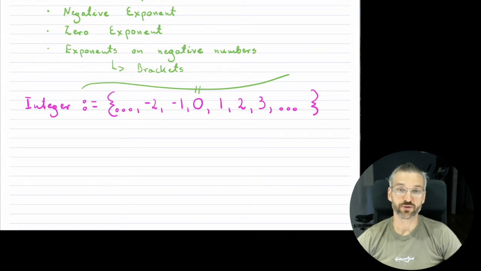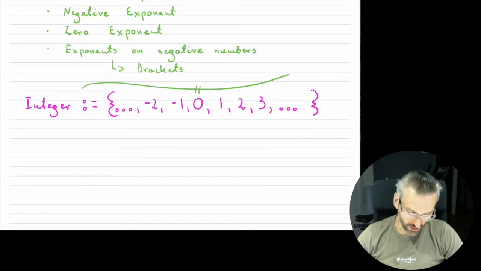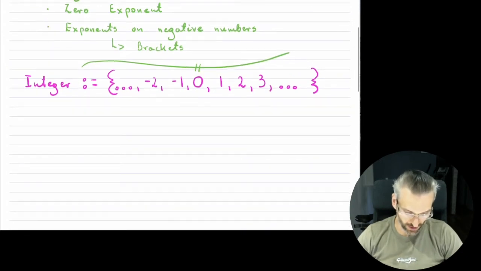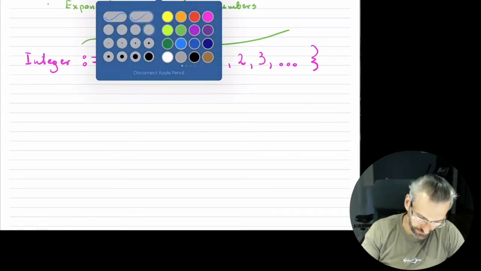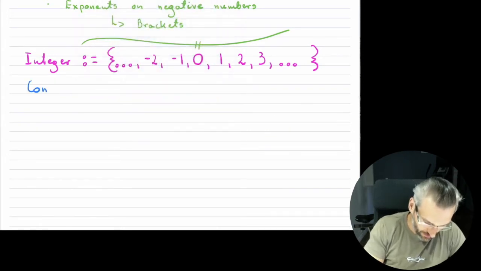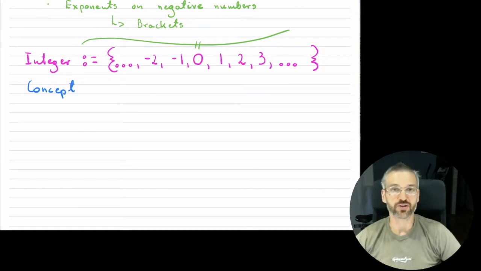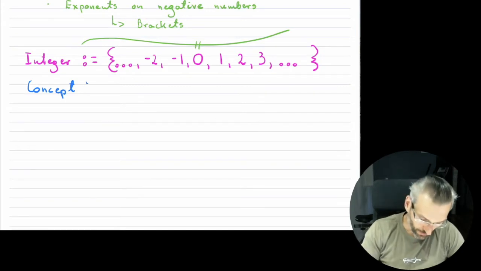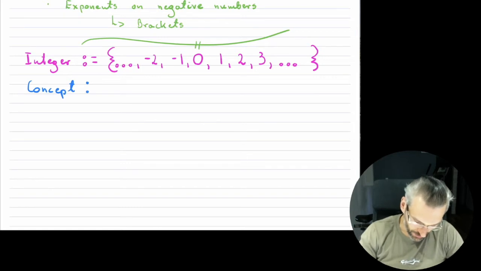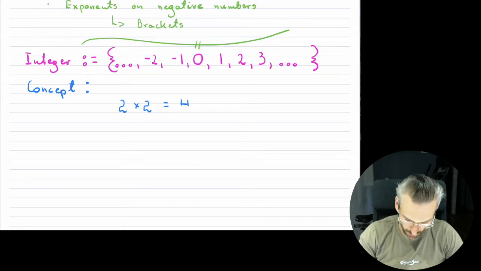Okay, so that's the first thing that we want to be able to know. Now, what is this concept of an exponent and where does it come from? This concept basically comes from multiplication, when the multiplication becomes repetitive, so when there are multiple repetitions. For instance, many students will know that if we take 2 and multiply it by 2, the answer is 4.